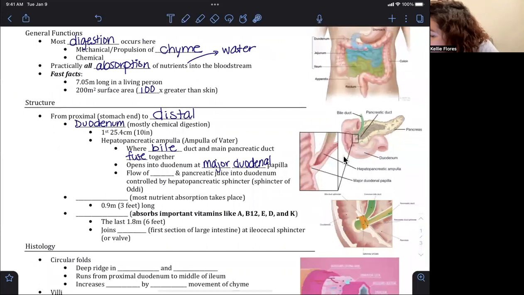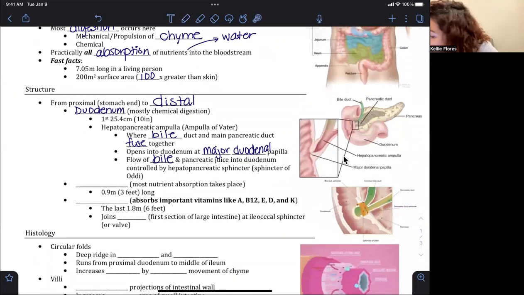It's almost like a sphincter, right? Because it's essentially where it pinches off. And this is where the flow of bile and pancreatic juices is controlled into the duodenum. You can see the sphincter on my second picture here.